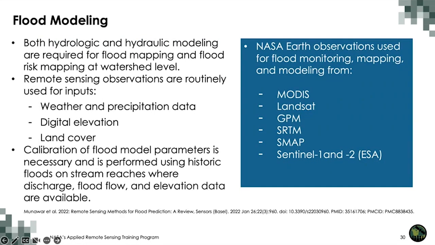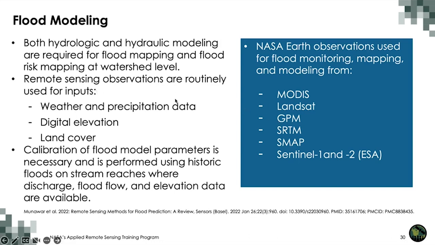Both hydrologic and hydraulic modeling are required for flood mapping and flood risk mapping at watershed level. Remote sensing observations are routinely used for inputs such as weather and precipitation data, digital elevation, and land cover. As shown here, NASA Earth observations from several satellites are used for flood modeling, such as MODIS, Landsat, Sentinel-1 and 2. They provide information on land cover.